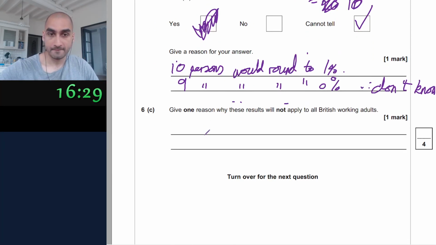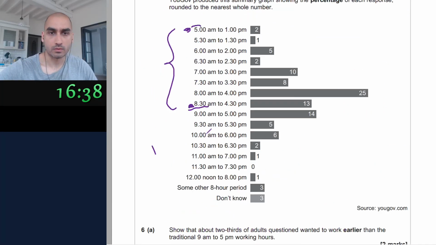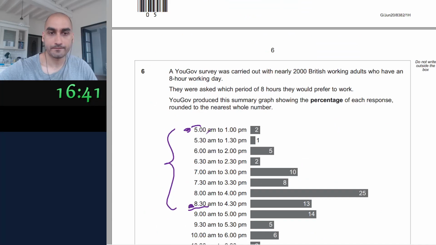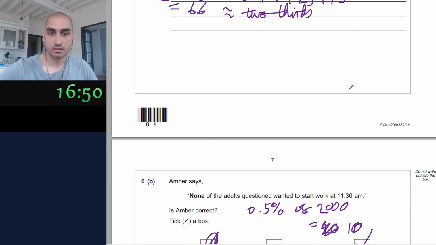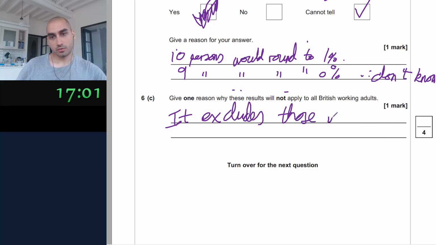Give one reason why these results would not apply to all British working adults. Wait, what? Because it excludes those who are not already working.